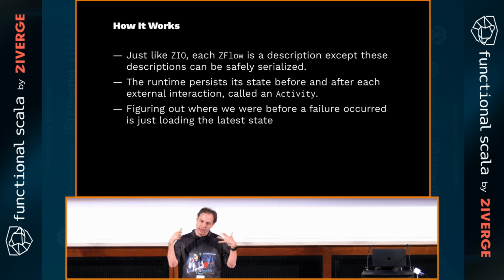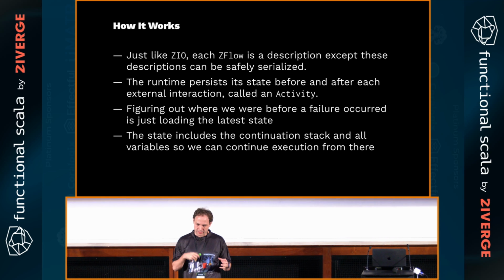When you execute one of these ZIO Flow programs, before and after you have these interactions with the external world, it can save all of that state, as well as at regular intervals. Then if a failure ever occurs, it just brings back that state, and it carries on from just where it left off. And this includes the stack and all these variables, because all of this is written in this ZIO Flow language.